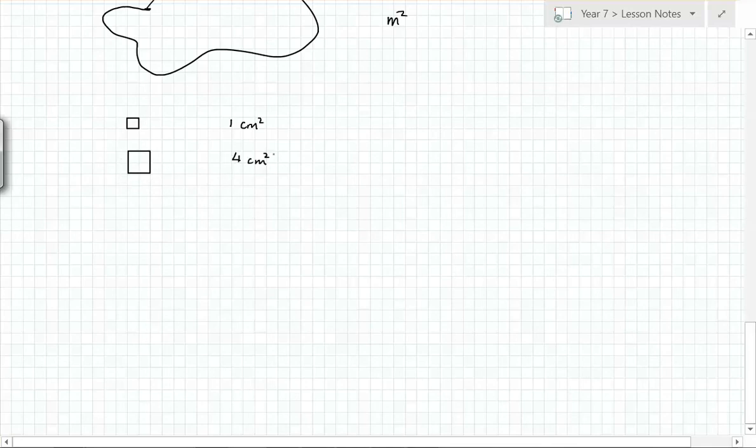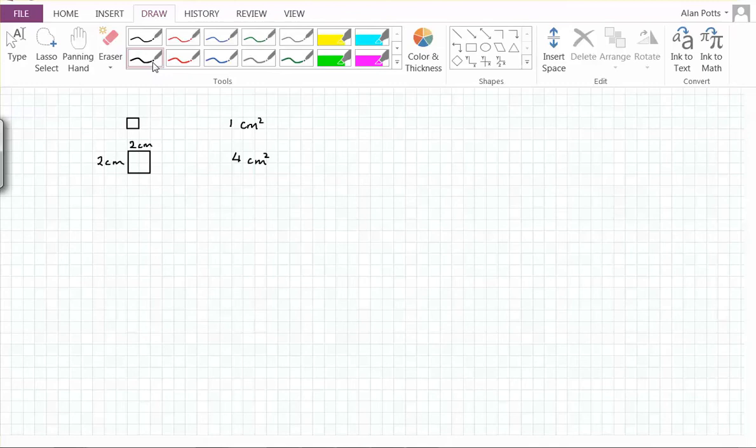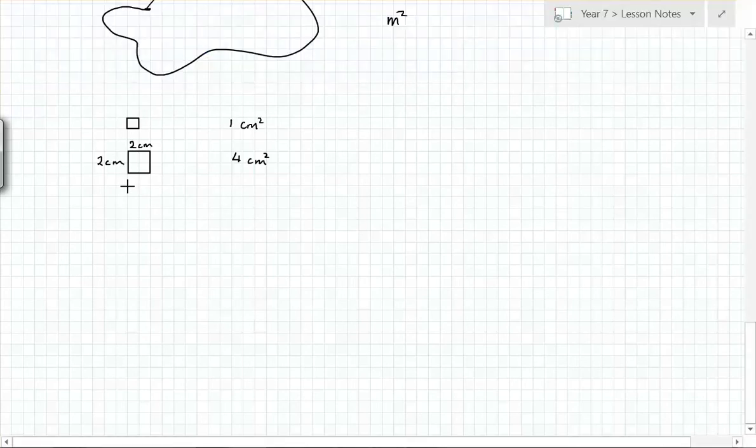Now, what are the dimensions of that square, though? It's 4 lots of 1 centimetre, but what are the lengths of the sides? So it's 2 centimetres. 2 centimetres times 2. Okay. The next square we're looking at is 3 by 3, so 3 centimetres, 3 centimetres.